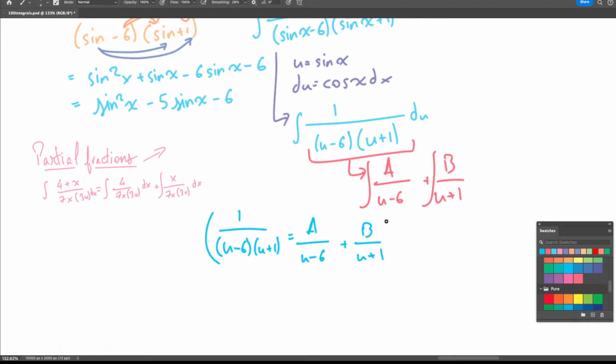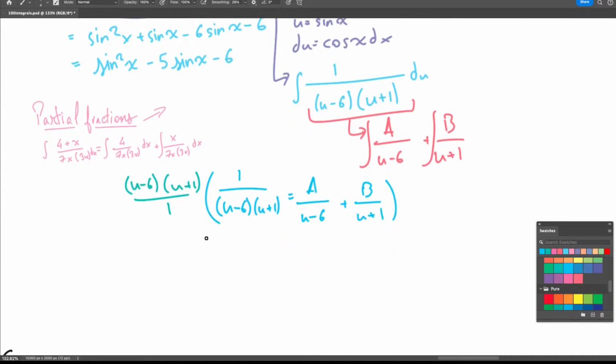We multiply everything by u minus 6 times u plus 1 over 1, isolating the 1 on the left, and we are left with 1 equals a.